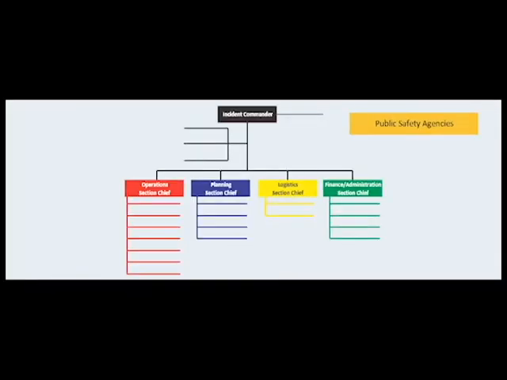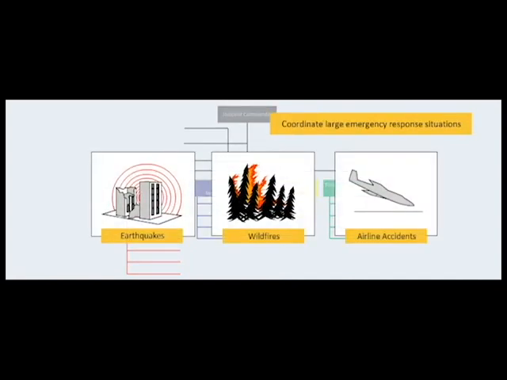Public safety agencies, emergency responders, and hospital personnel use the Incident Command System to make incident management more efficient and objective-oriented. This system was developed in the 1970s to help coordinate large responses and to maximize responder safety and efficiency.